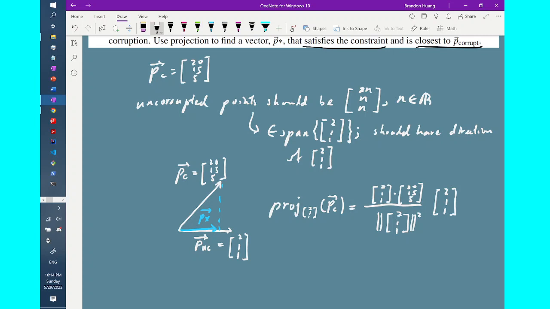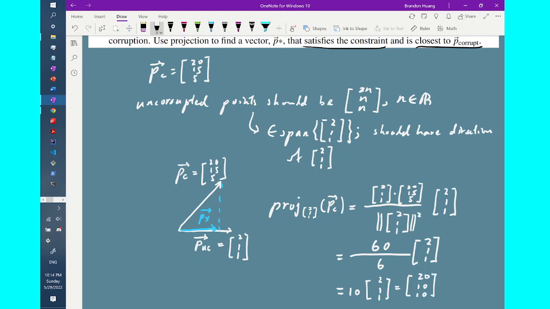Okay, so now we have to calculate the inner products. The inner product of (2, 1, 1) with itself is going to be, let me see, 4, 5, 6. Okay, and the inner product upstairs is 2 times 20 plus 1 times 15 plus 1 times 5, which will be 60. And then we have to multiply this by the vector that we are projecting onto. So we get that the final result is 10 times this direction, which gives me (20, 10, 10).